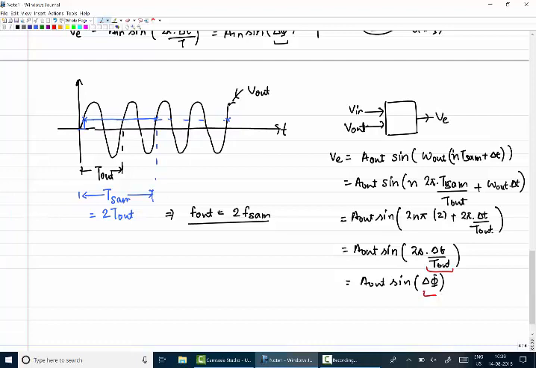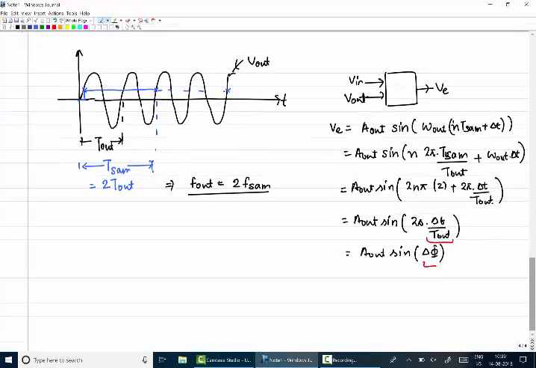Okay, so let me write this: V error is equal to A out times sine of delta phi.